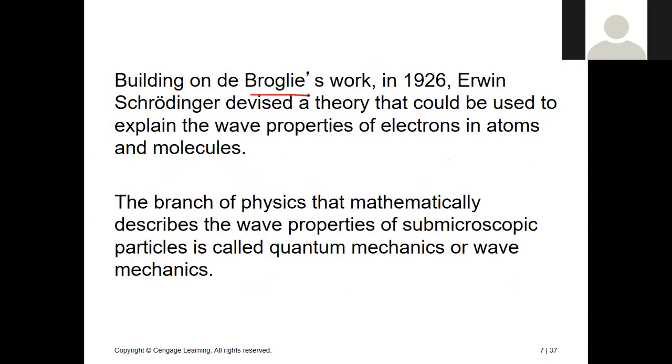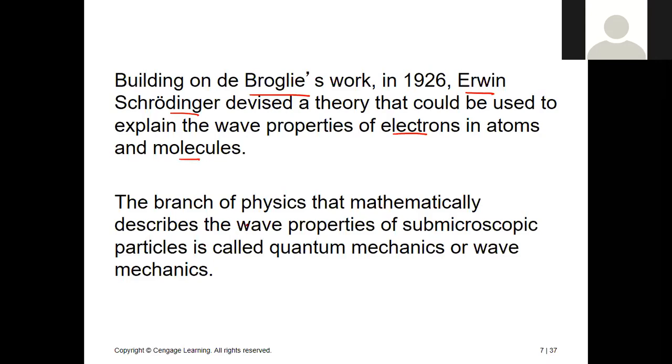So from de Broglie's work, what Erwin Schrödinger did is to devise a theory that could be used to explain the wave properties of electrons in atoms and molecules. Okay, so this is now where you have Schrödinger and his famous cat. So Schrödinger used the wave properties of matter and applied it to the electrons in atoms and molecules.